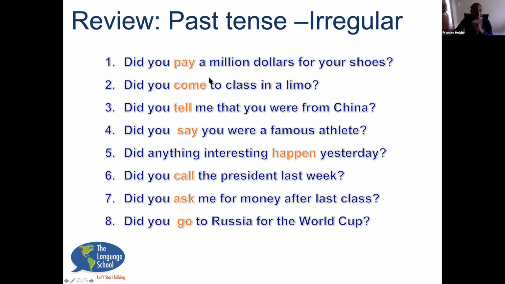What you don't ever want in English is two negatives in the same sentence, okay? So be careful. You cannot say nothing interesting didn't happen. Unfortunately, English does not work like Spanish in that respect. So number 5 is a little bit tricky. Sorry about that.